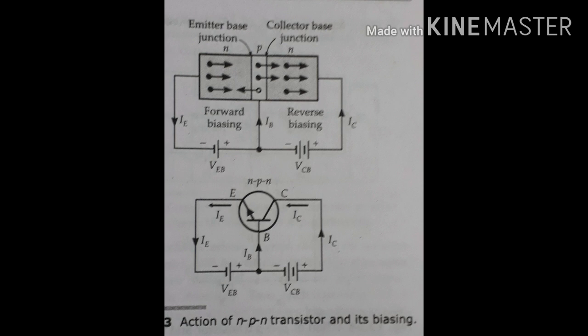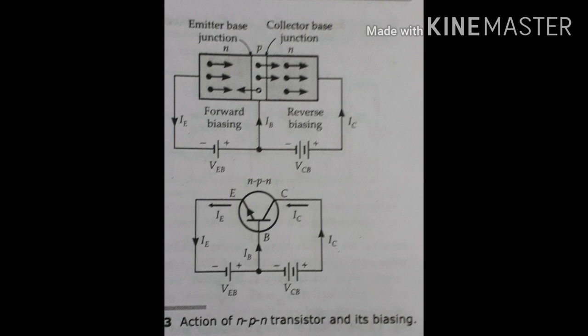As soon as the electron from the emitter combines with a hole in a base region, an electron leaves the negative terminal of the battery VEB, and at the same time the positive terminal of the battery VEB receives an electron from the base.